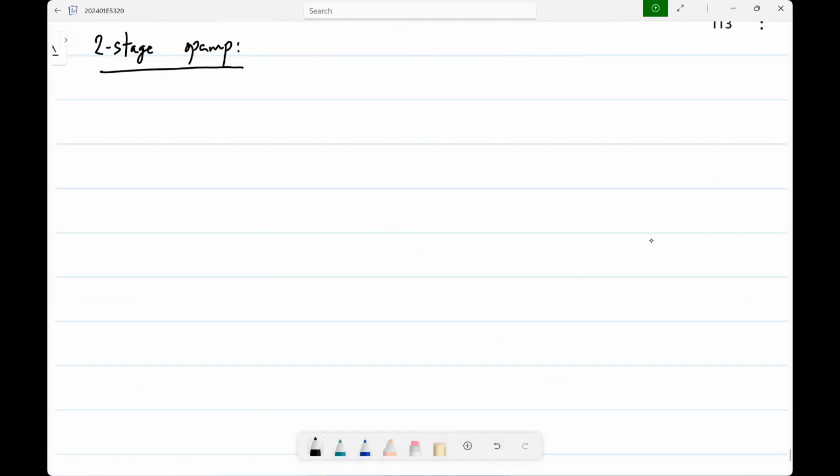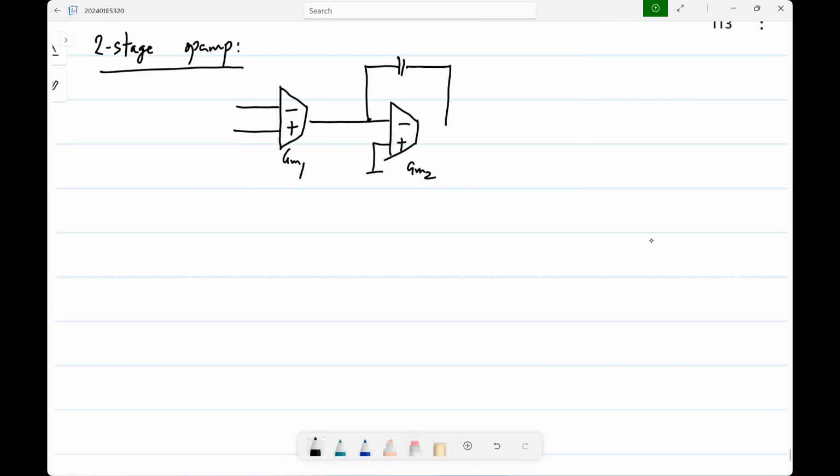Two-stage op amp. Now, this is what we have, right?